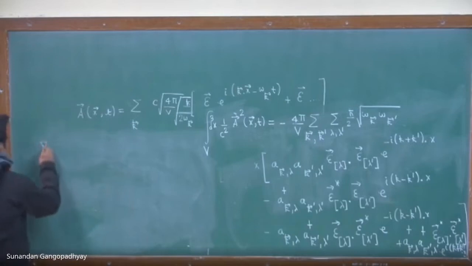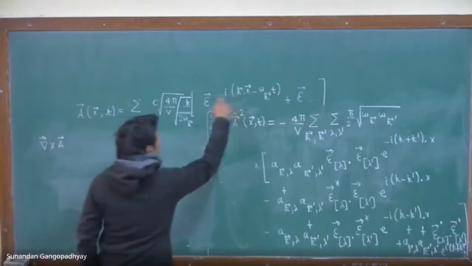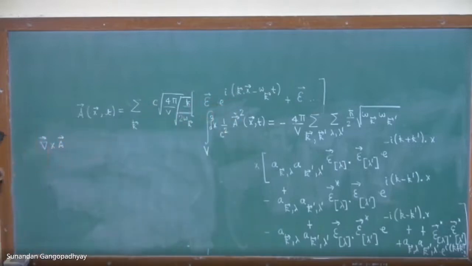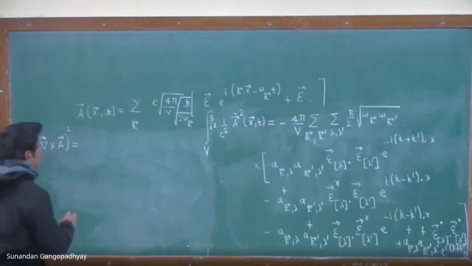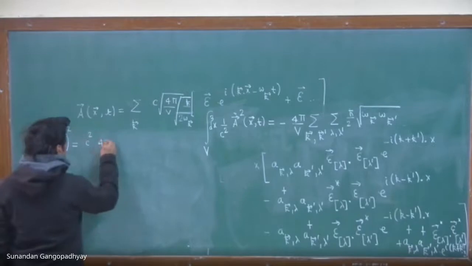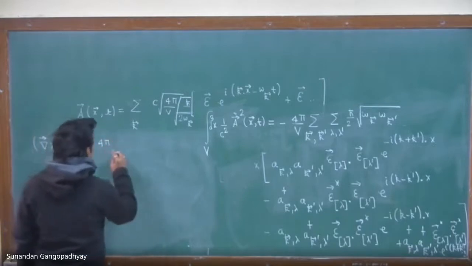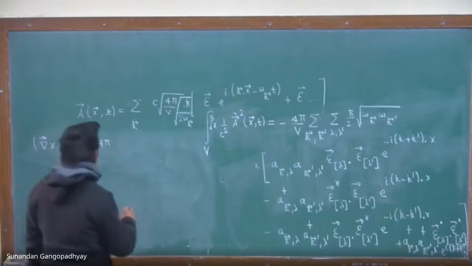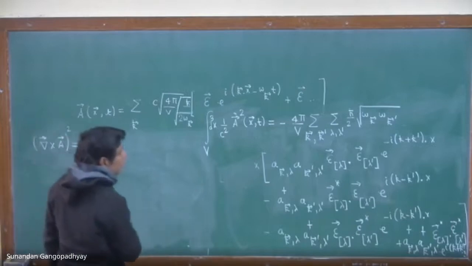Now, curl of A, if you look at the mode expansion, what you will get is i k vector cross epsilon. And therefore, if you just square it, which is nothing but B vector squared, that will give us c squared over 4 pi, and the volume factor will go downstairs.